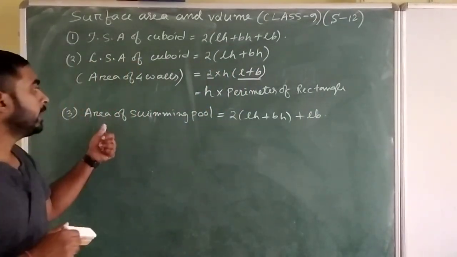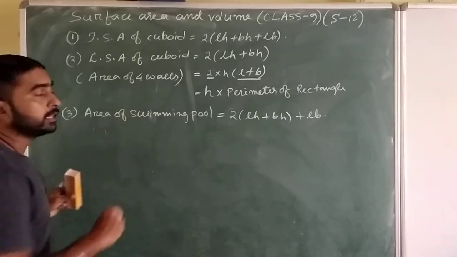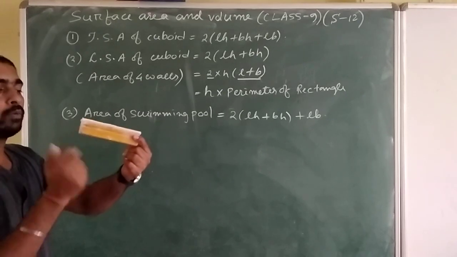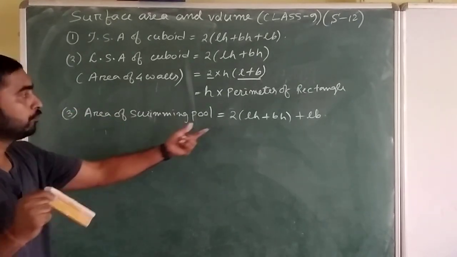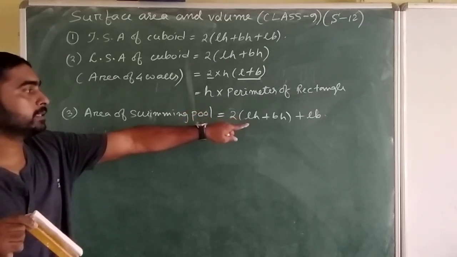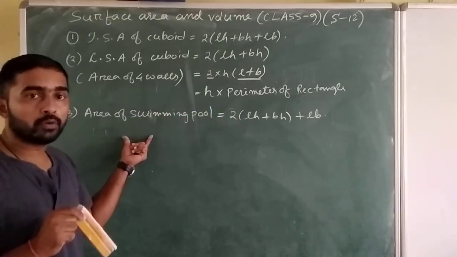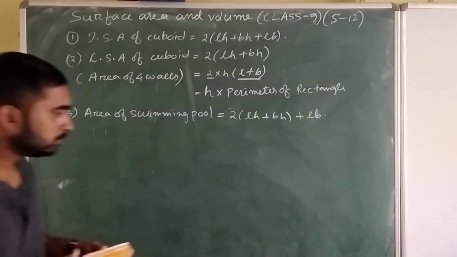The same formula applies for a room: area of 4 walls and either ceiling or floor, anyone. That is 2 into (LH + BH) plus LB. This is the area of a swimming pool, or the area of 4 walls and either ceiling or floor.